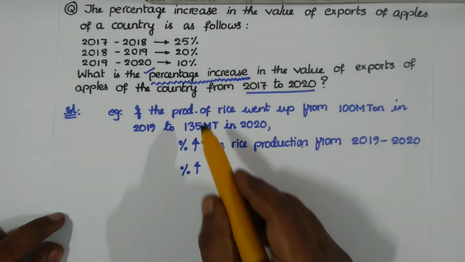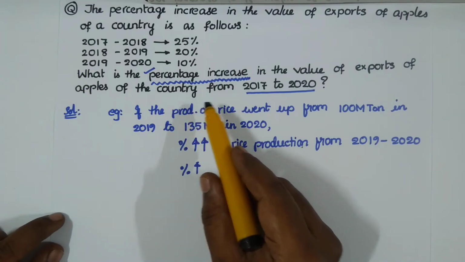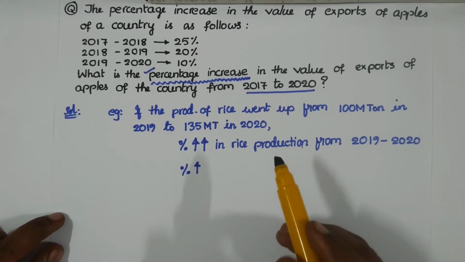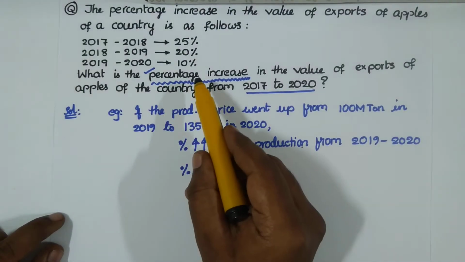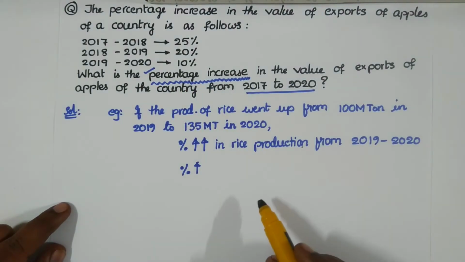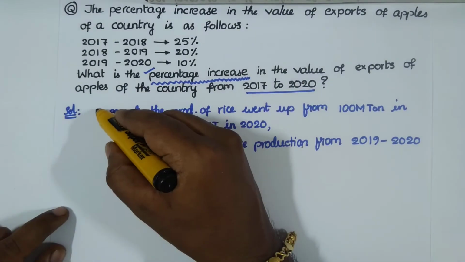What is the percentage increase in the value of exports of apples of the country from 2017 to 2020? Whenever you come across what is the percentage increase or what is the percentage decrease, let us understand with a general example.